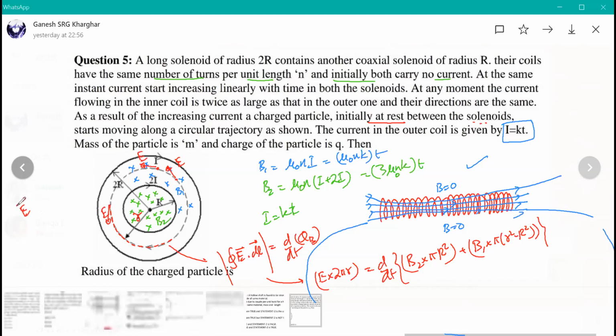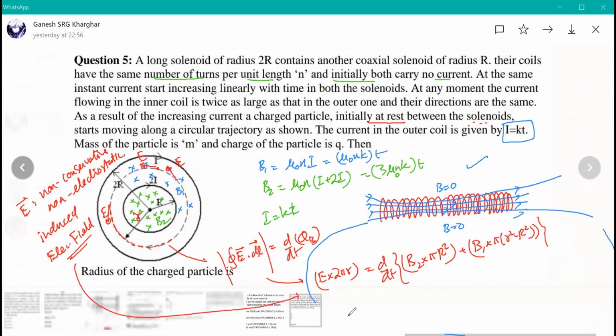So this E is a non-conservative, non-electrostatic induced electric field. Actually, we should not even call it an electrostatic field, it's just an electric field. So that is given by this.